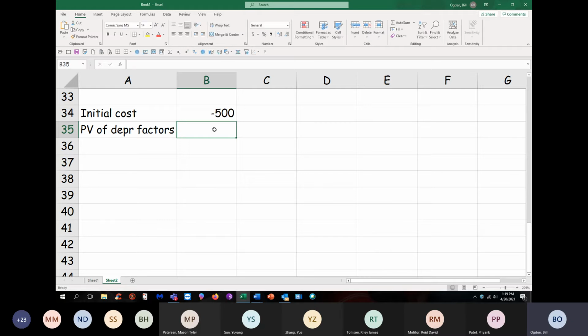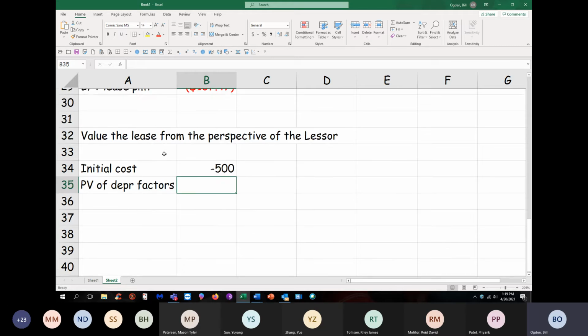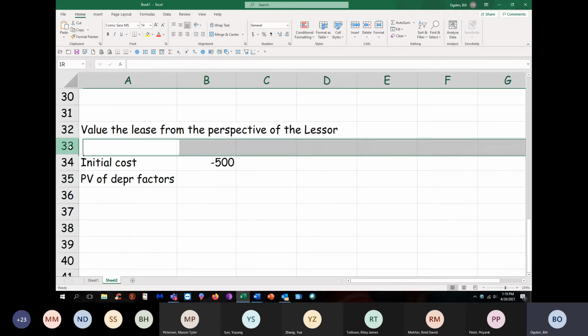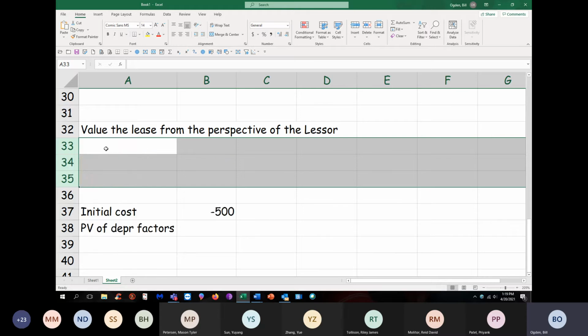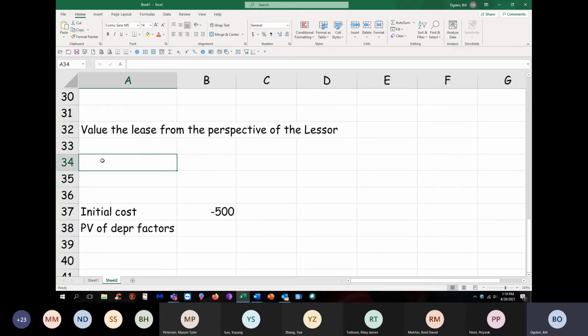Before we do that, why don't we just enter a few rows here? You don't have to do this, but if you were working on something like this, you would want to be able to work with different numbers, so you don't want to type in anything. That's just a general principle of Excel.